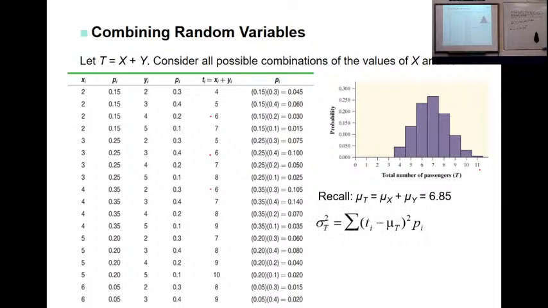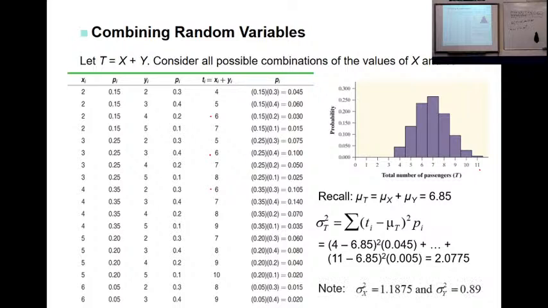We could also compute the variance or standard deviation. It's that big long formula. I'm not going to go through it in detail. But what I will say is that to get the spread, instead of adding standard deviations like we added the means, what we are going to add is the variances, the standard deviations squared.